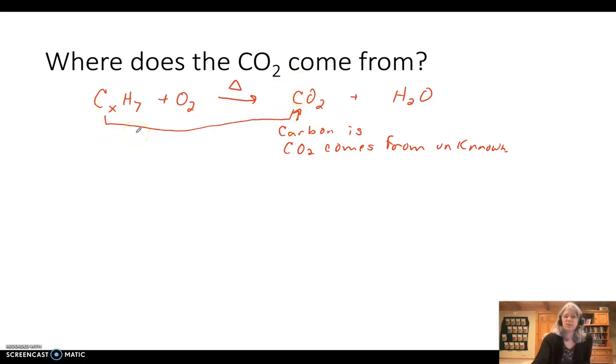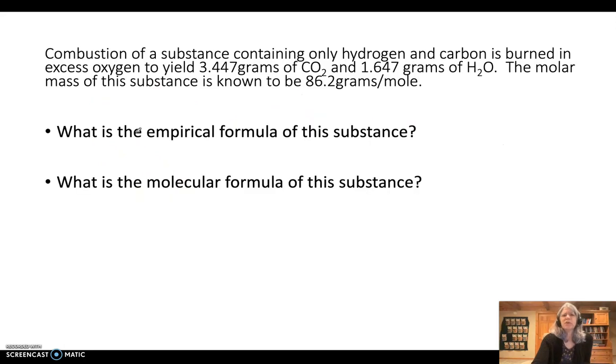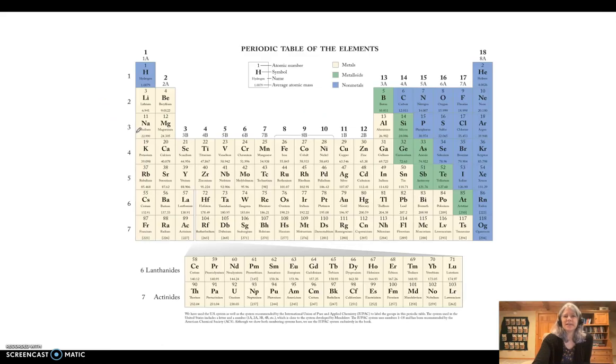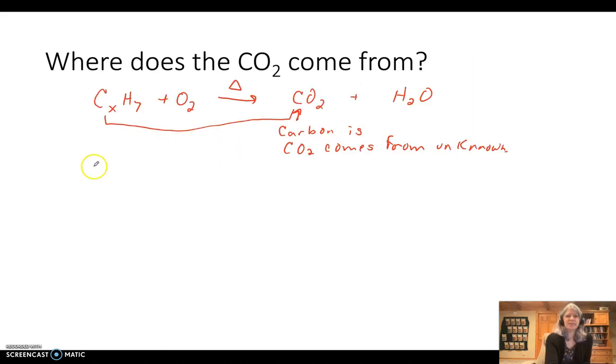then we'll know how much carbon we started with. And so as we go back to our problem here, we have 3.447 grams of carbon dioxide that's formed in this case. So we have 3.447 grams carbon dioxide, right? That's what we're given. That's a piece of information we're given.